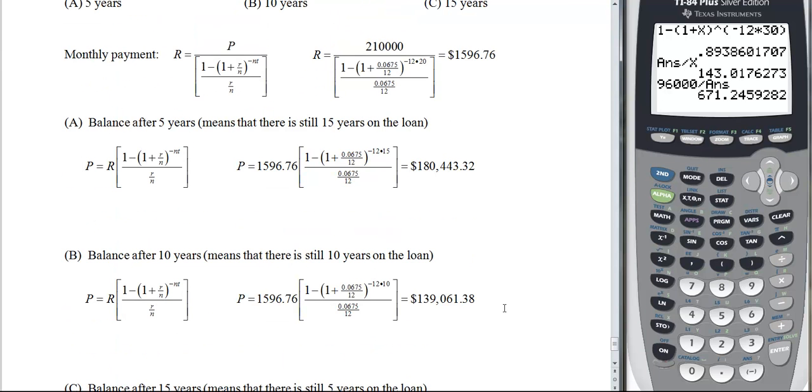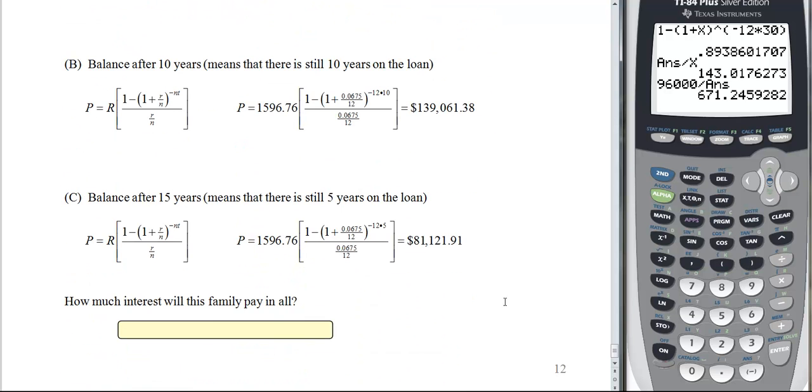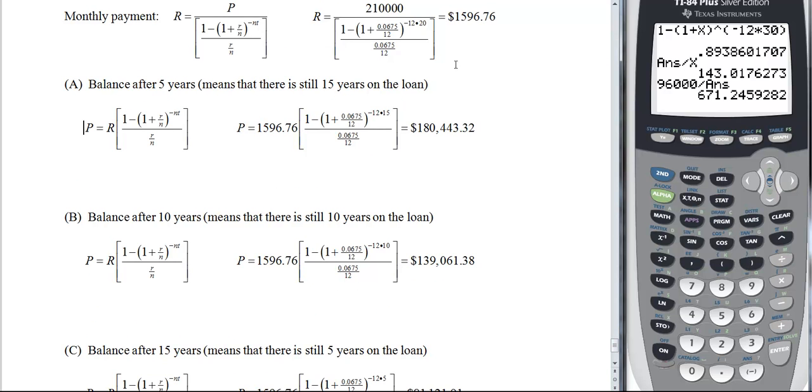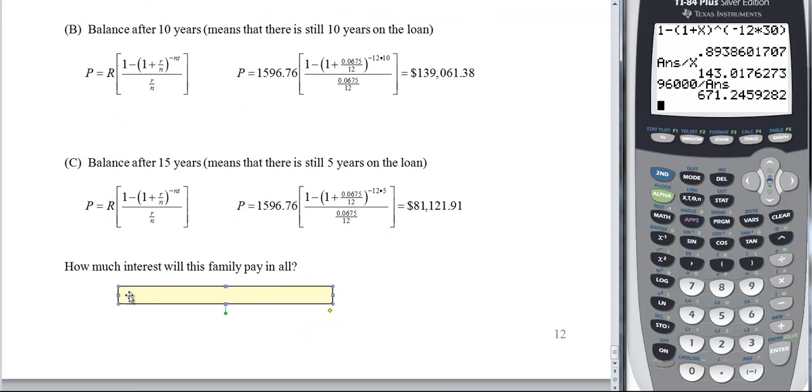Now, let me see, monthly payment. How much interest will this family pay in all? So the monthly payment was $1,596, right? Yeah. Okay. So let me move this over.